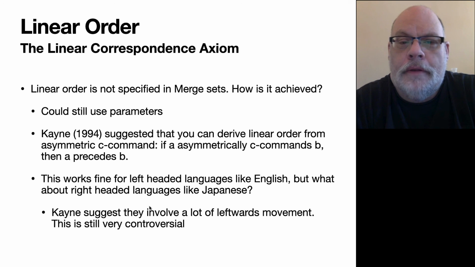So for example, you generate complements to the right of heads, just as you would in English, but you end up moving everything to the left of the head. This is still very controversial, and a lot of people have concerns about this.